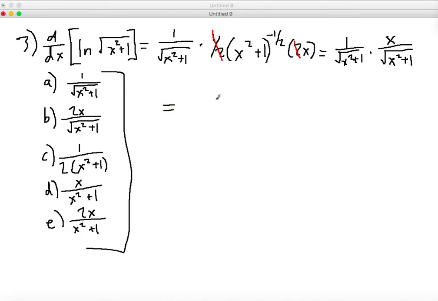And that simplifies down to get rid of our square root since they're in the same thing and we're multiplying them together. So x over x squared plus 1 right here.